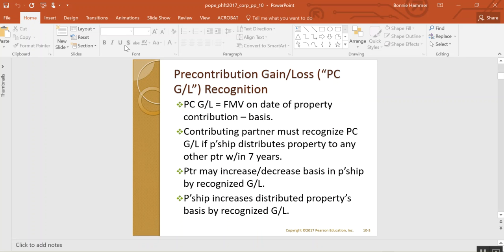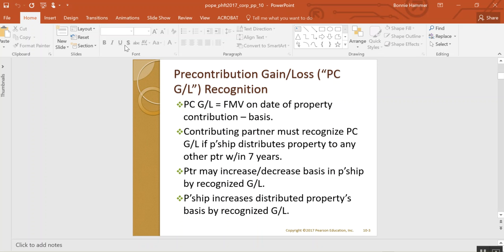Now, what do we do with that? The contributing partner must recognize that gain or loss if the partnership distributes that couch to any other partner within 7 years of the date of the contribution of the couch.